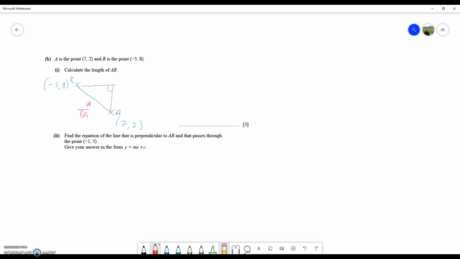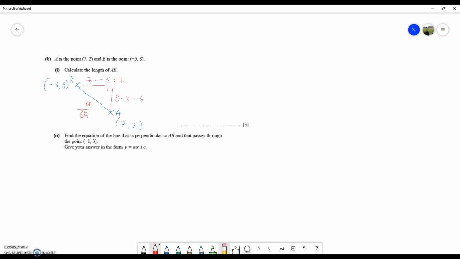So that would be 7 minus -5, which in this case would be 12. And then the difference between these two here would be 8 minus 2, which is equal to 6.